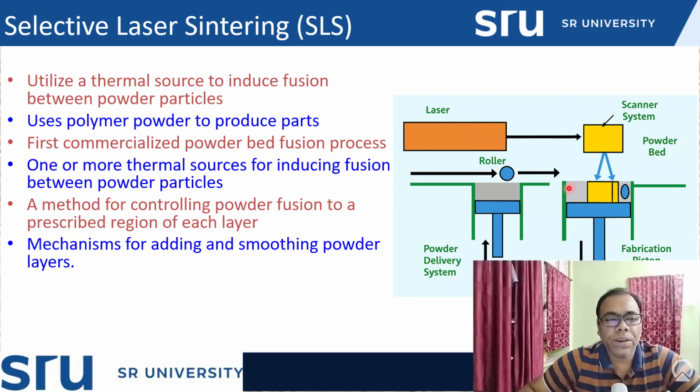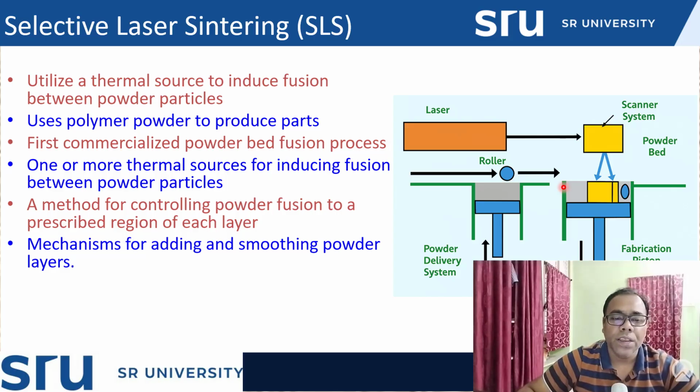Here one can use thermal processes, so heat energy is required. Similarly, powder material can be used, so polymer powder material can be used in this process. Commercialized powder can also be used. This is one of the first methods used for making any product using the powder bed system.